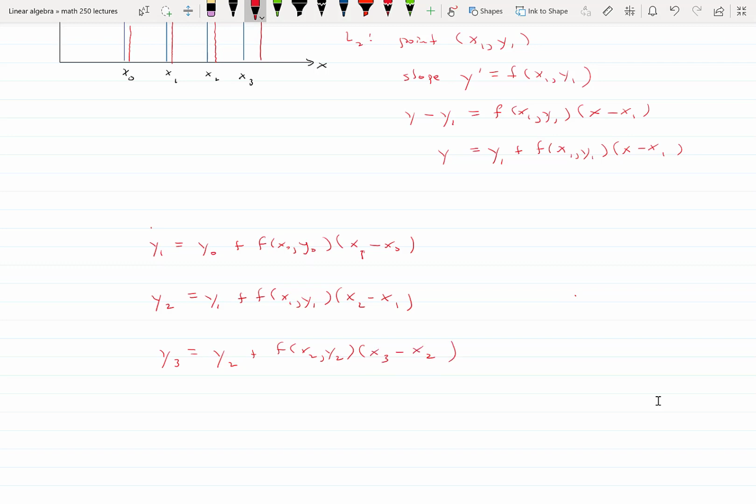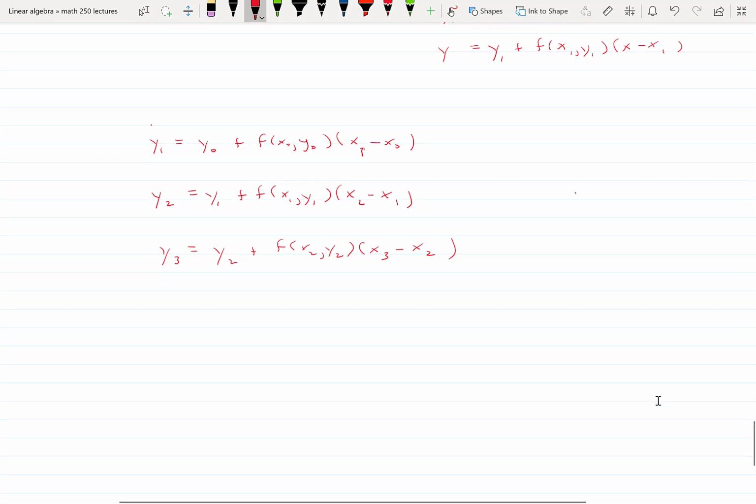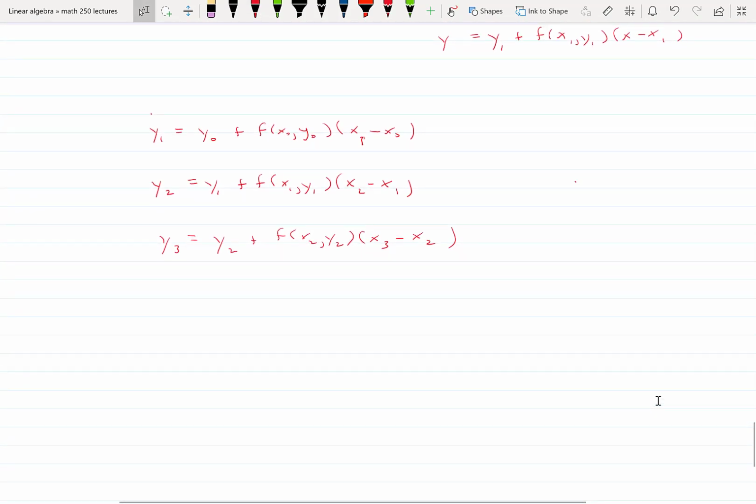And that's in fact true. I would like a way of getting a general formula that will allow me to bypass the finding of tangent lines altogether. Well, there it is. There's a pattern formed. So here's Euler's method.